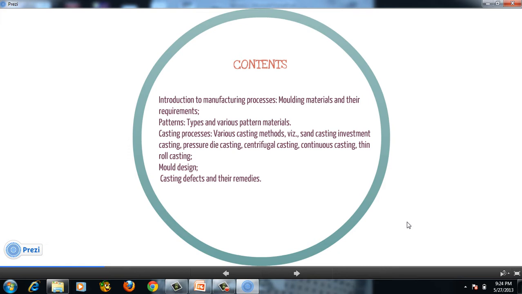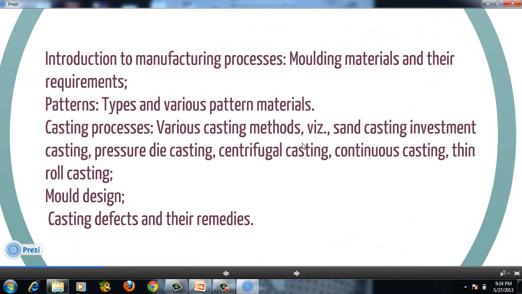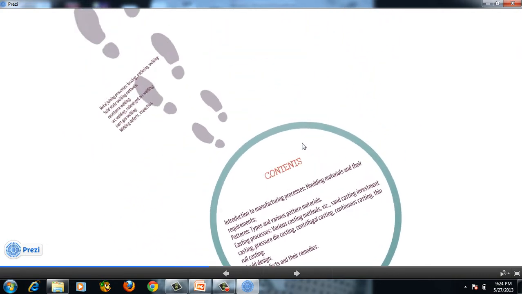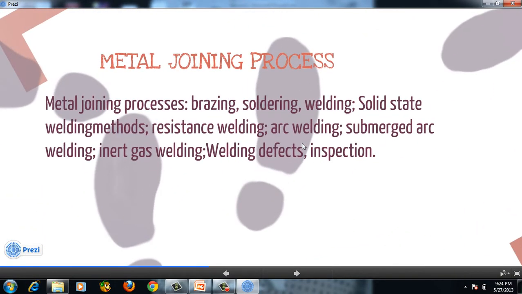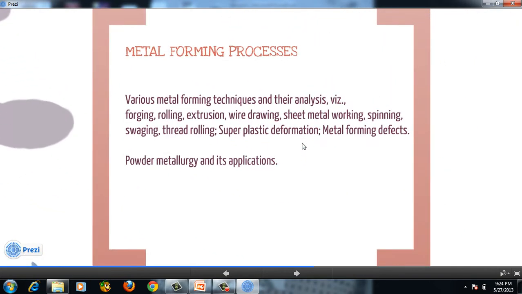Once again we look into the total contents of the subject. First, we have the casting process, with various terms related to casting. The second part of the contents is metal joining, where we study brazing, soldering and welding. And third is metal forming processes.